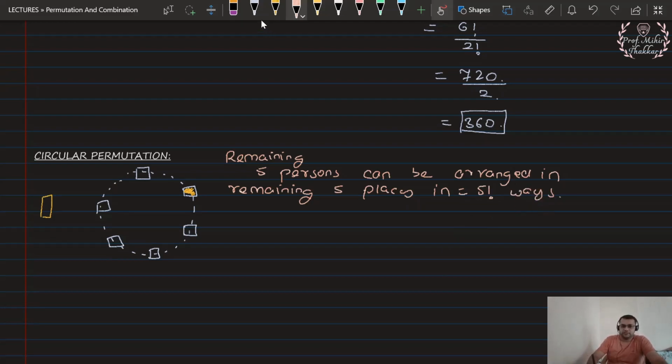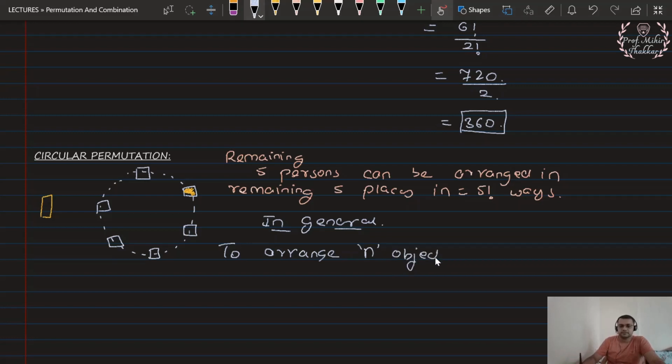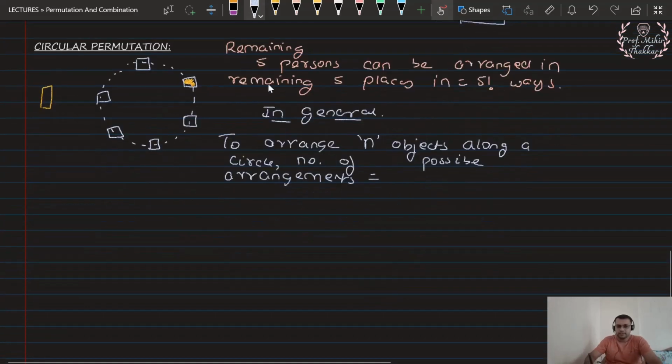So in general, if I want to arrange n objects along a circle, what should the number of possible arrangements be?